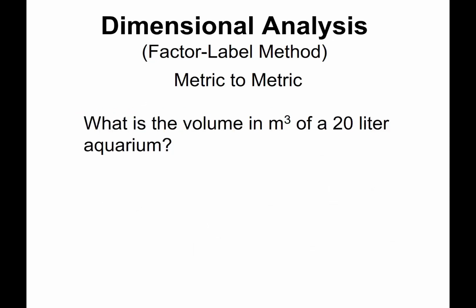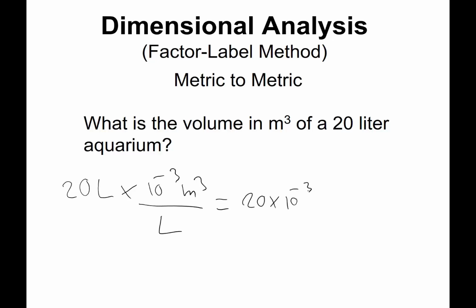Again, another volume one. What is the volume in meters cubed of a 20-liter aquarium? All right, we work this the same way. We start out with 20 liters, I'm just going to leave it and change it to scientific notation later on, times 10 to the minus 3 meters cubed per liter, which is equal to 20 times 10 to the minus 3 meters cubed.